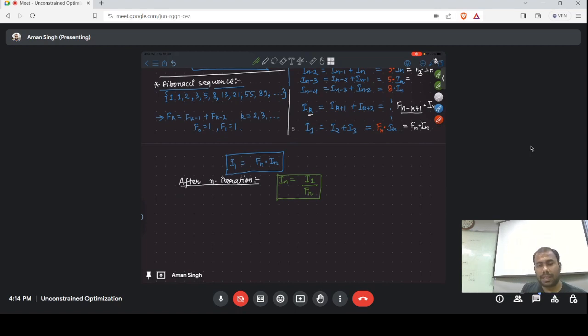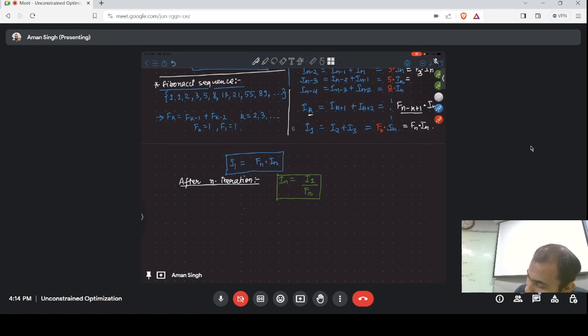So basically, with these assumptions, the length of the nth interval will be 1 divided by the corresponding Fibonacci term, times the initial interval. That will be the interval reduction after n iterations.